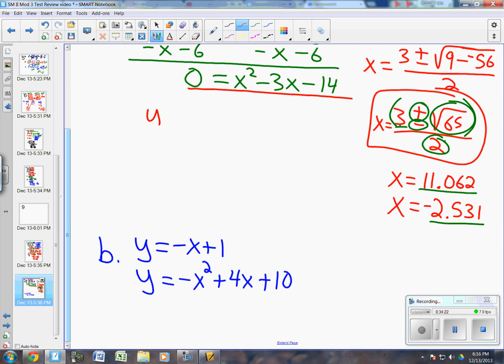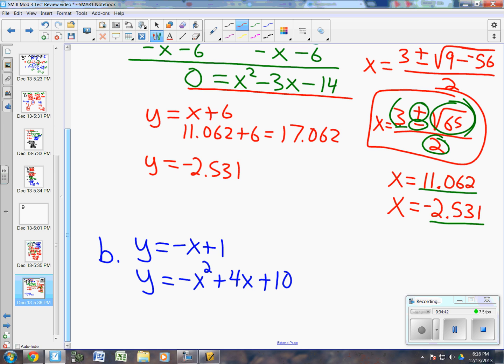So y is equal to x plus 6. Well, the first time I'm going to put 11.062 plus 6, and 11 plus 6 is 17, so that gives me 17.062. And the next time I'm going to put negative 2.531 plus 6, and that's going to give me 3.469.